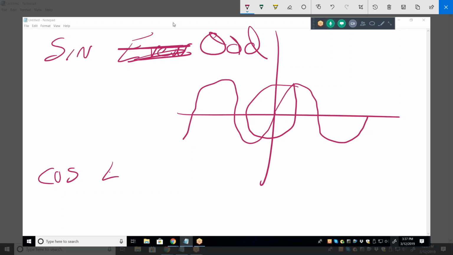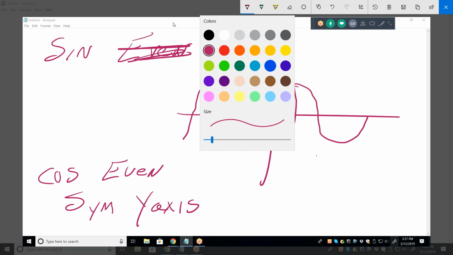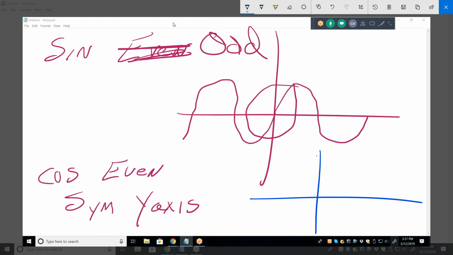Cosine is even because it's symmetrical about the y-axis. If I plot the cosine, I do it this way. Notice that I have perfect symmetry about the y-axis.